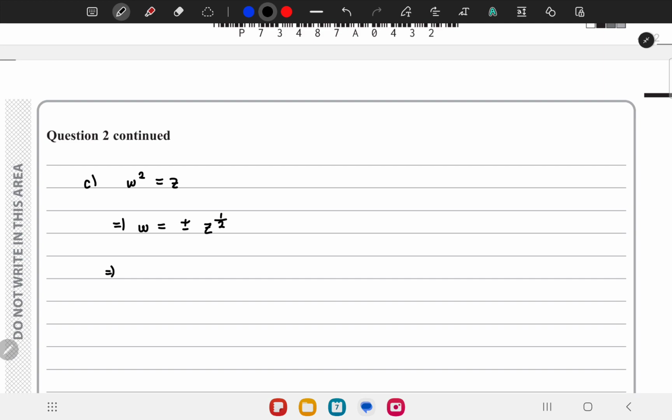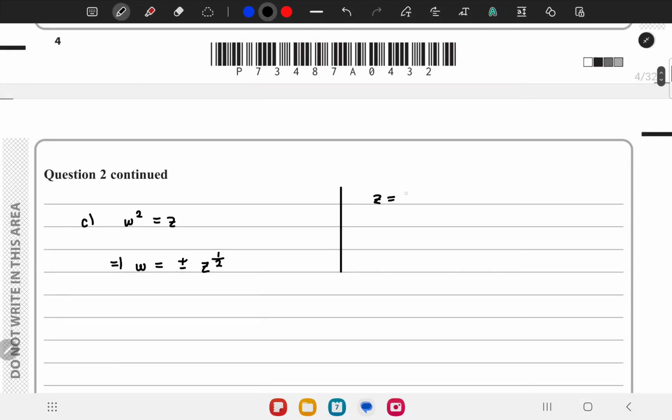We can use De Moivre's theorem again over here to find z to the power half. So z was 12 cos minus pi by 3 plus i sine minus pi by 3.